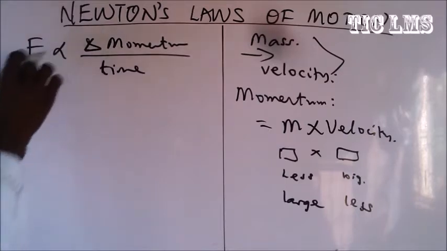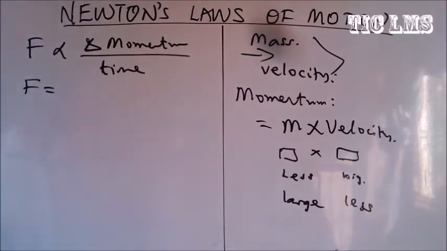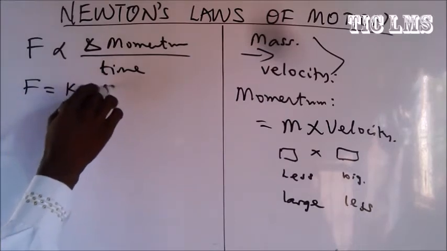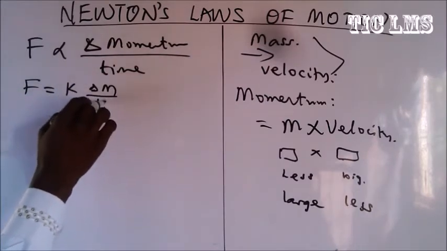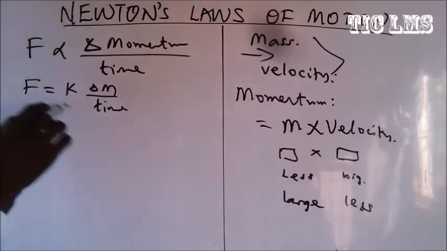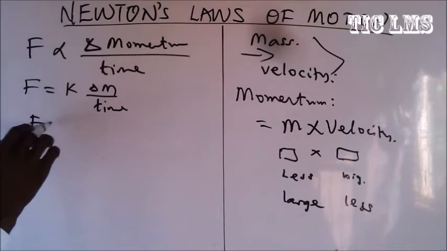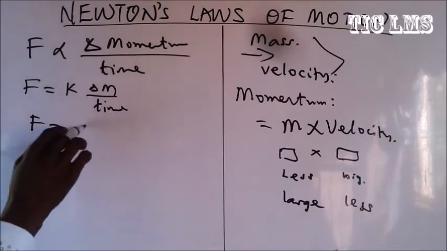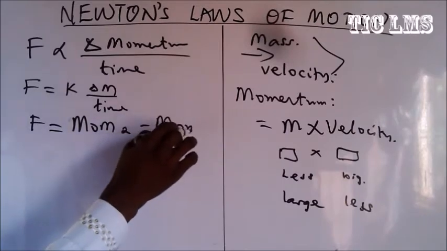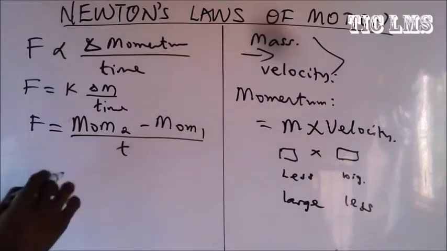So when we replace this proportionality sign, we would have F = k × change in momentum over time, where k is a constant. Now, having this equation without the constant, it will be F equal to change in momentum, that is, momentum 2 minus momentum 1, over time.